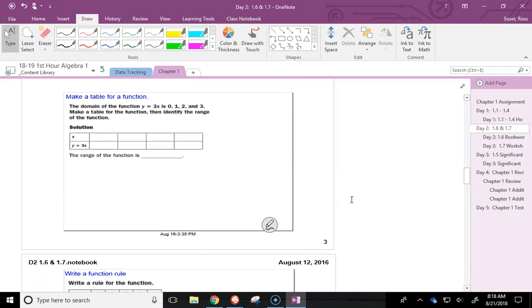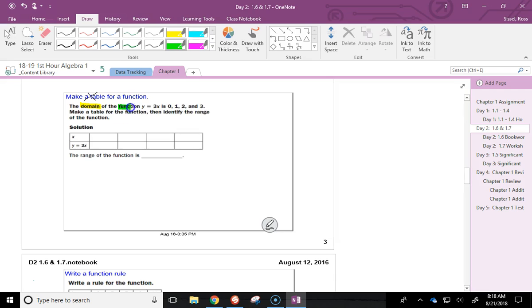Make a table for a function. Now, this is where I said you're pretty much doing the same thing as yesterday, when we evaluated expressions, except now you're going to do it about 4 times. When we look at this, it says the domain, remember domain is our x coordinate, the domain of a function y equals 3x.